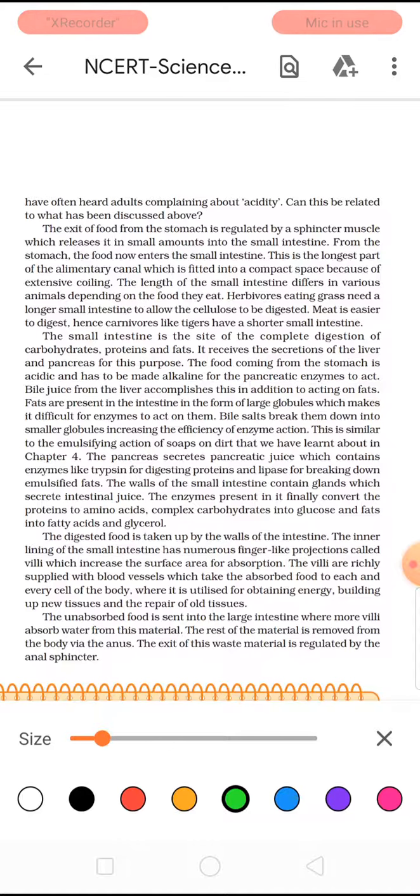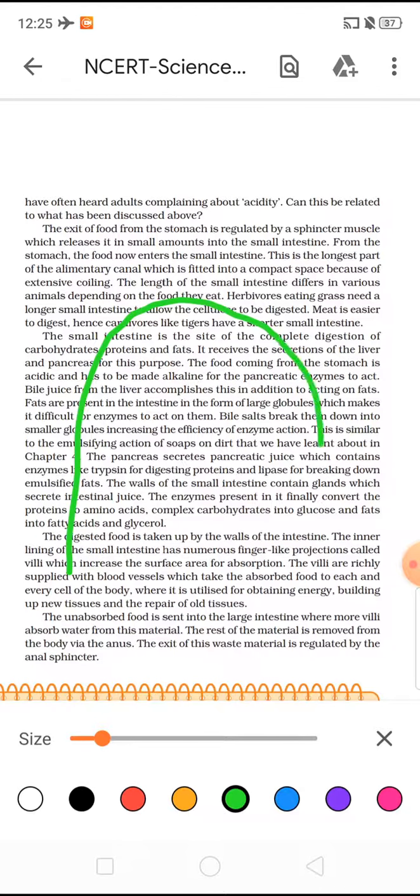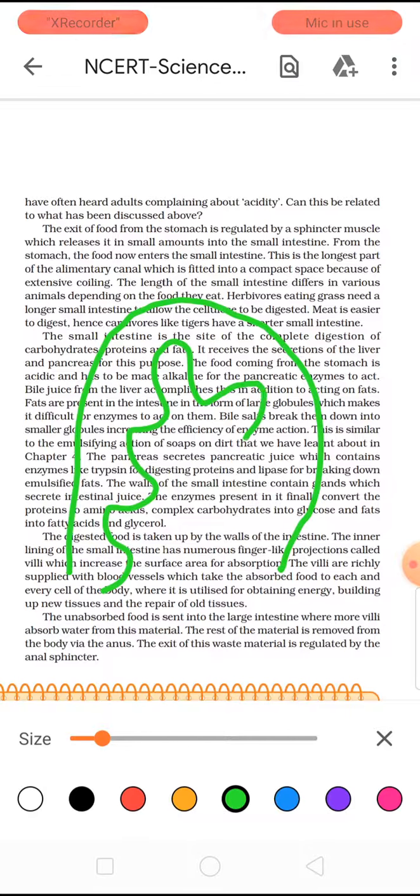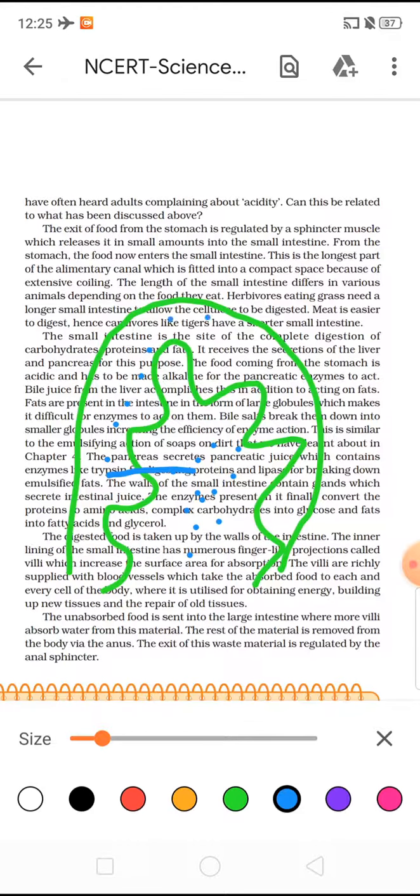Suppose this is your small intestine, this is the villi, and this is the food. The food entered into your small intestine. Now this will have a supply of blood.